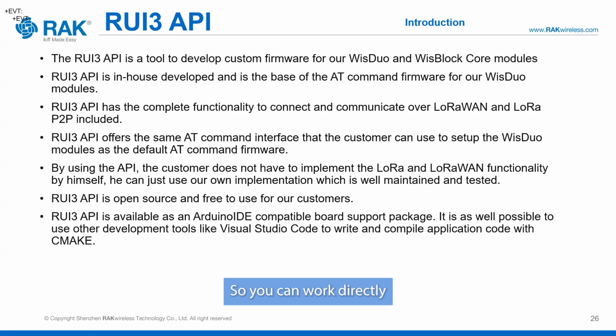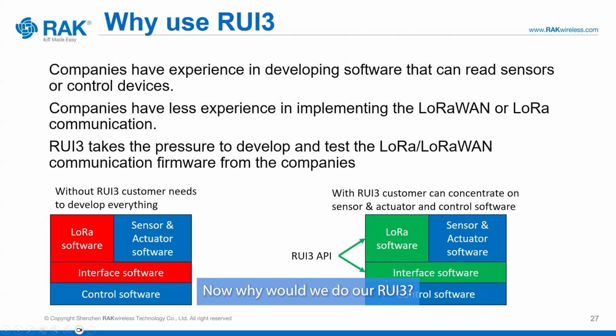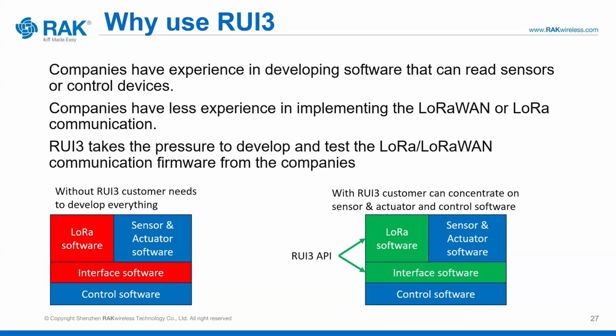So you can work directly with CMake and an IDE like Visual Studio Code to write your code and compile applications by yourself. Now, why did we do our RUI3? Number one, as I mentioned, is of course we needed a firmware that implements all the LoRa and LoRaWAN functionality and offers the AT command interface to set up our WisDuo modules when they are used as a plain modem.